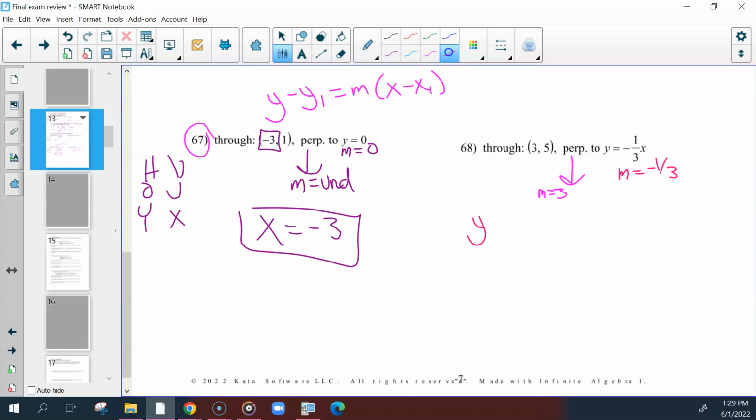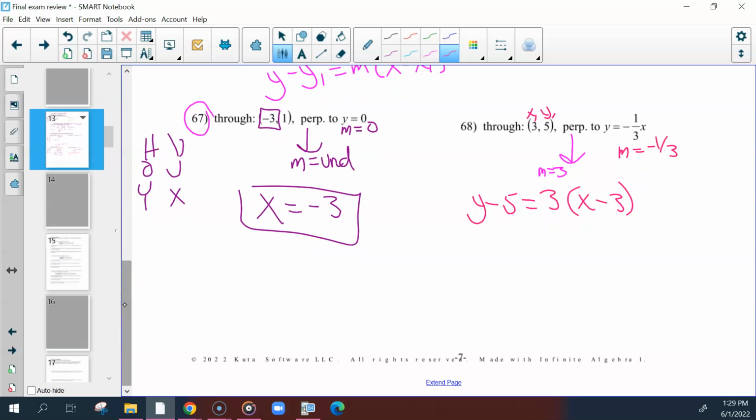So this would be y minus our y1, 5, equals our slope of 3 times x minus our x1, which is 3. And then we would multiply or distribute. So y minus 5 equals 3x minus 9.